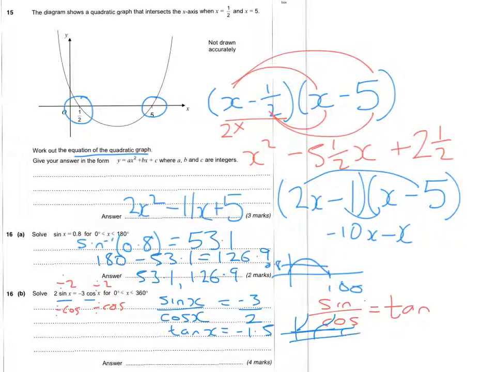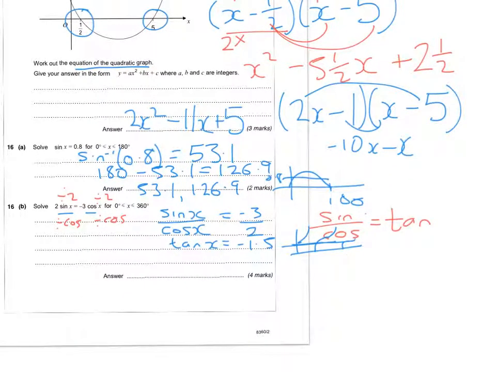Negative 1.5, so it's down here. My first solution from my calculator is x equals tan inverse of negative 1.5, which gives me negative 56.3.